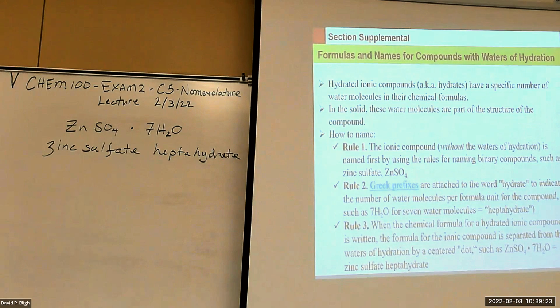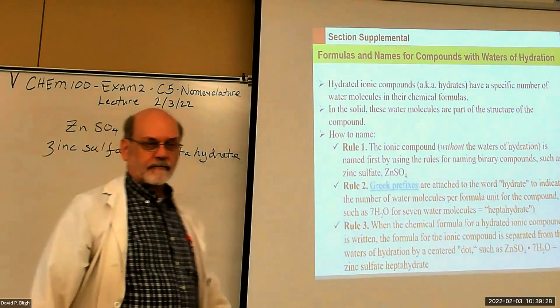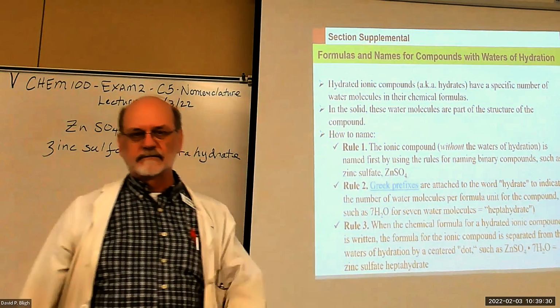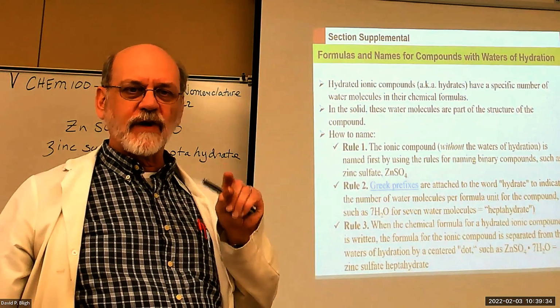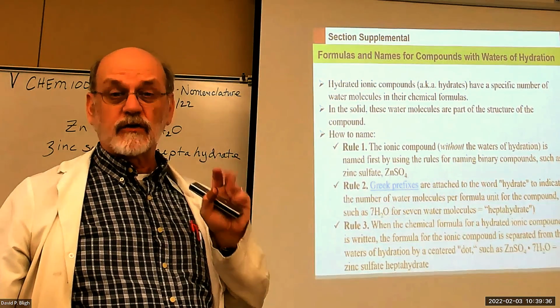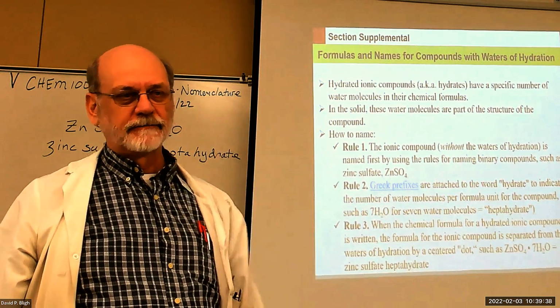Let's see, do I have other examples? No. Another example that you don't even know you have. You've had a compound with waters of hydration around you, unless you live in a really, really old house.